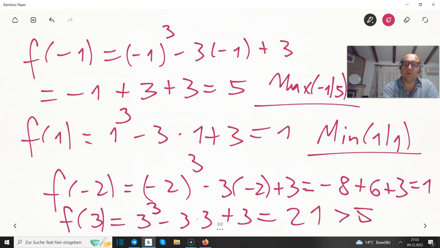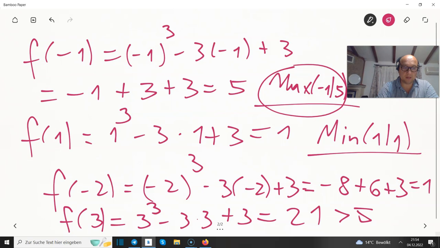So the biggest value we're going to get on the boundary at 21, and not at the local max, which is at minus 1. And the min is, well, not unique. We have the min value at 1, 1, and we also have the minimal value at minus 2, 1.